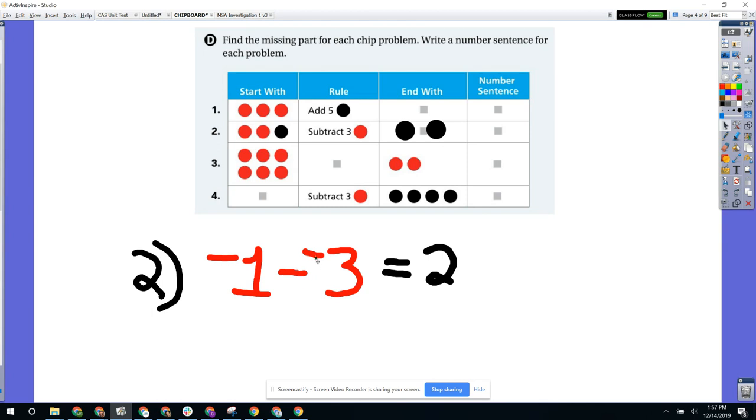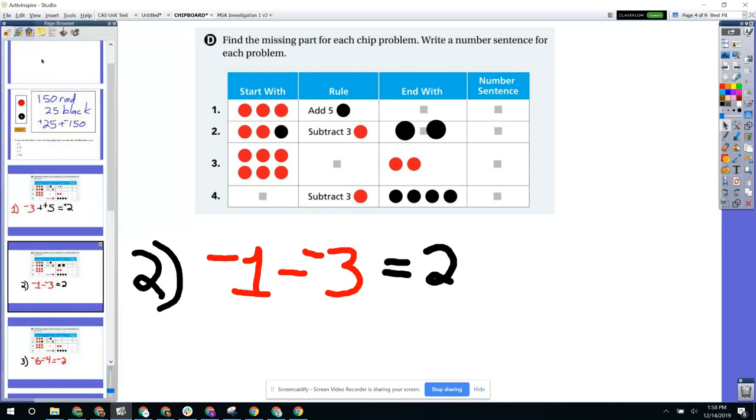So subtracting a negative is the same as adding a positive, because if we have this -1 and we take away 3 red chips, that means we're going to take away these 2 red chips here, which will leave us just 1 black chip, and then we'll have to add a black and red pair to take away another red chip, which would then leave us with 2 black chips on the table. So we have a +2.